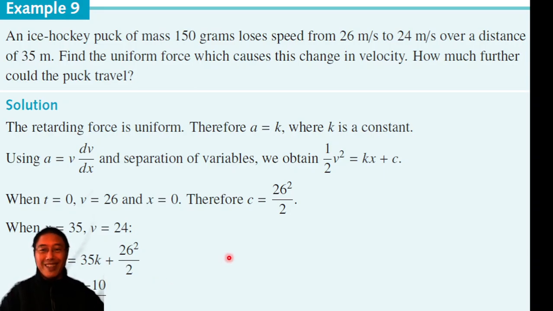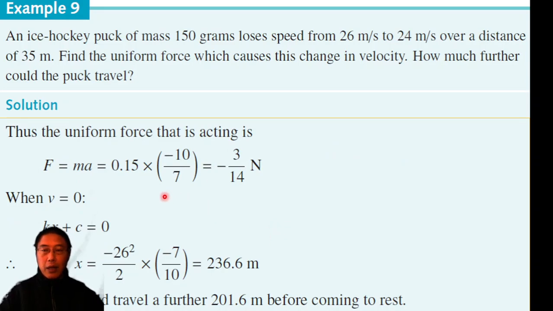Okay, so we have a deceleration. So that's our acceleration. Then we apply the second law of Newton, which is F equals m times a. We substitute the amounts and that gives us the force in Newtons. Again, it's negative, so it's in the opposite direction of motion.